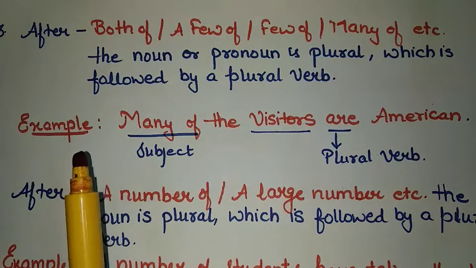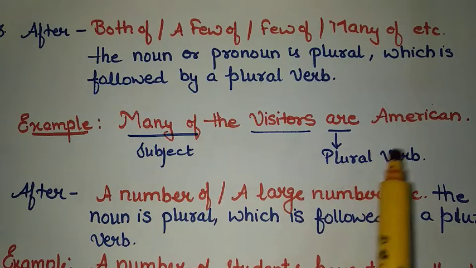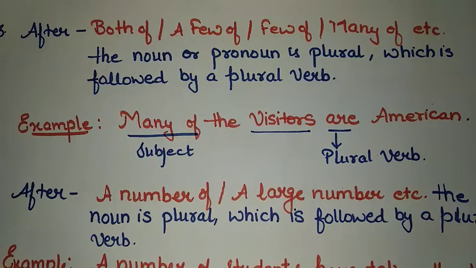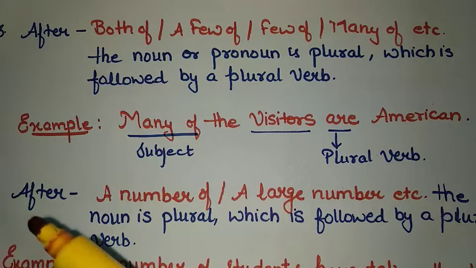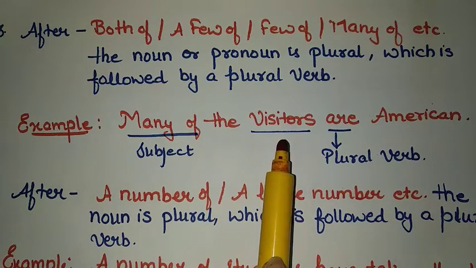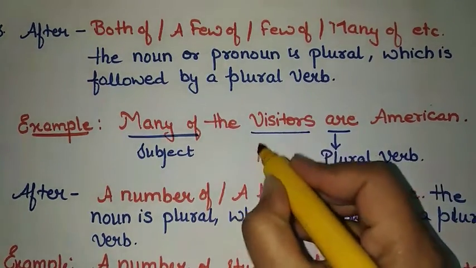So the example says, many of the visitors are American. See, here I am talking about not only a single visitor, I am talking about one or more than one. Like there can be 2, 3, 4 and so many numbers. So many of the visitors are American. Visitors, we know it's a plural.